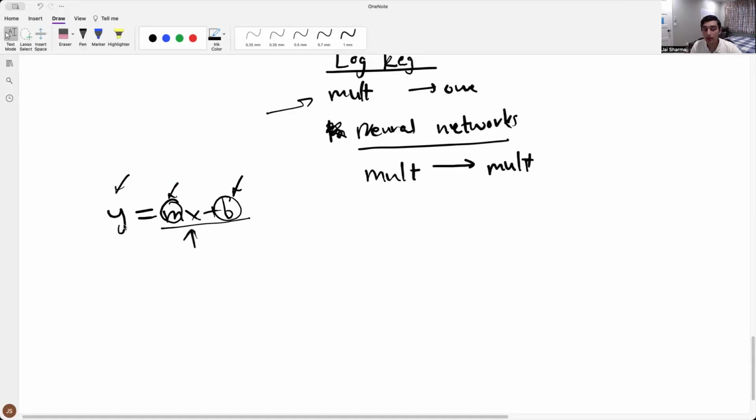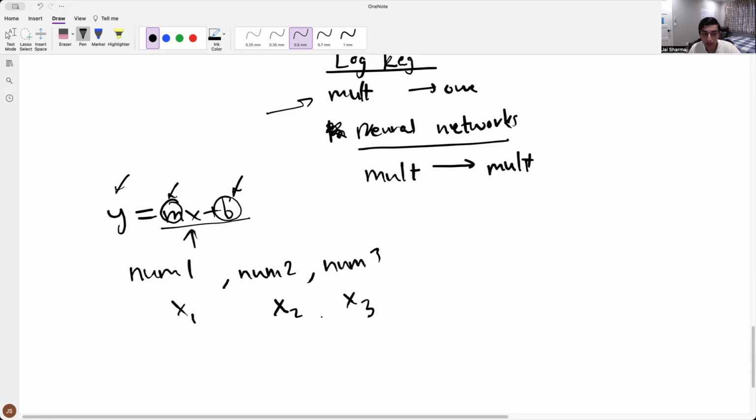But let's say now that we have number one, and then we have also number two, and number three. Let's call these multiple inputs, like x1, x2, x3, and so on.